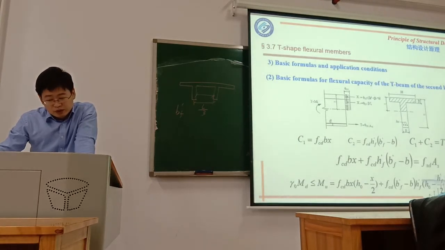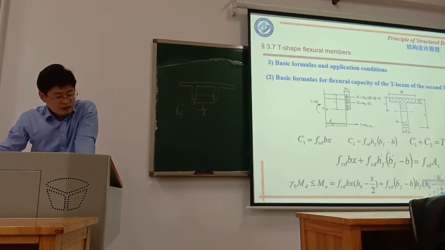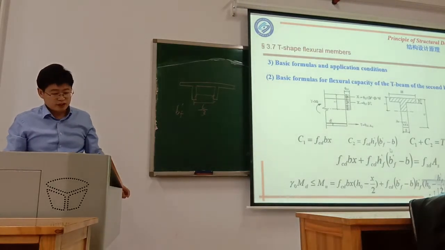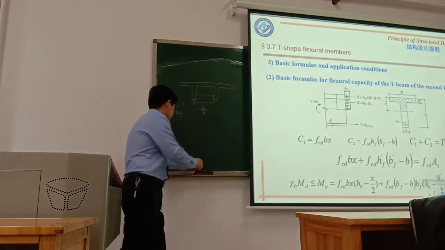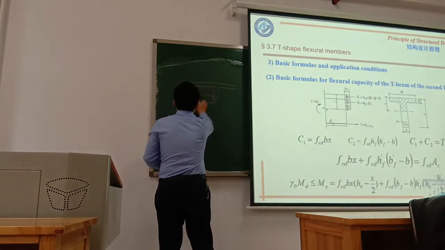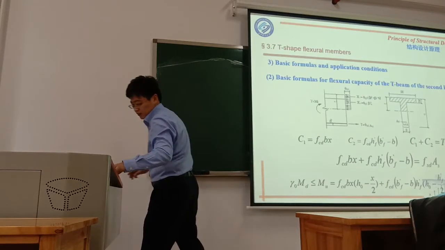If we suppose this height is x, then C1 is FCD times B times x. So in this figure, some symbol is wrong.